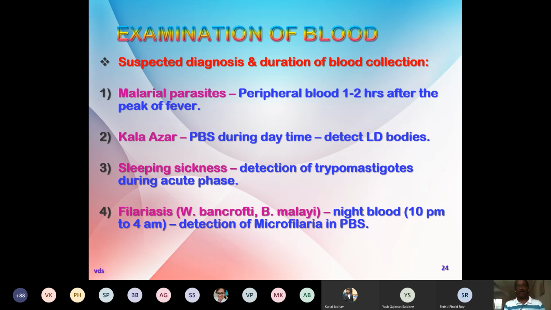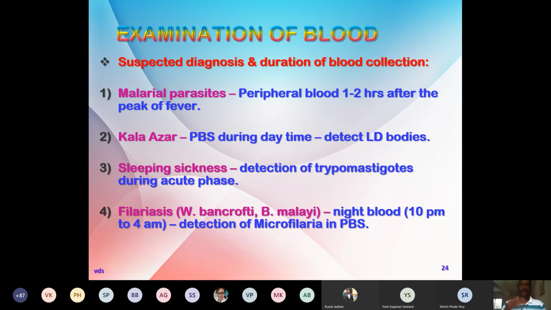For example, in malarial parasite infection, which is very common in India, the peripheral blood smear is to be collected 1 to 2 hours after the peak of fever. If you have understood the pathogenicity of this parasite, fever comes when the erythrocytes are lysed, which releases the pyrogen. Due to the lysis of erythrocytes, particular stages of the parasite are released, because of which the fever appears.